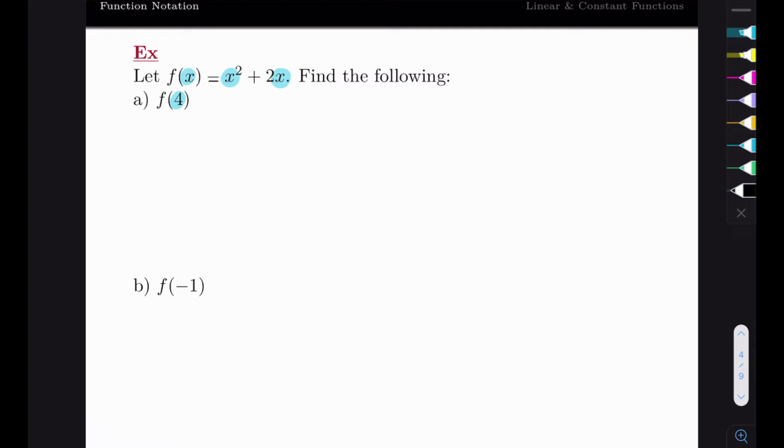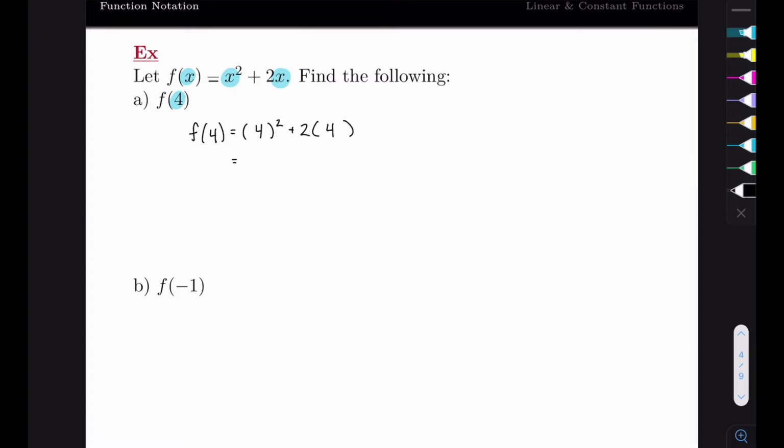So for the very first one, if I want to find f of 4, anywhere I see an x, it's going to get replaced by that expression on the inside, which is just a 4. So I have x squared, that's going to become 4 squared. And then I'm going to add 2 times x, so we have 2 times 4.